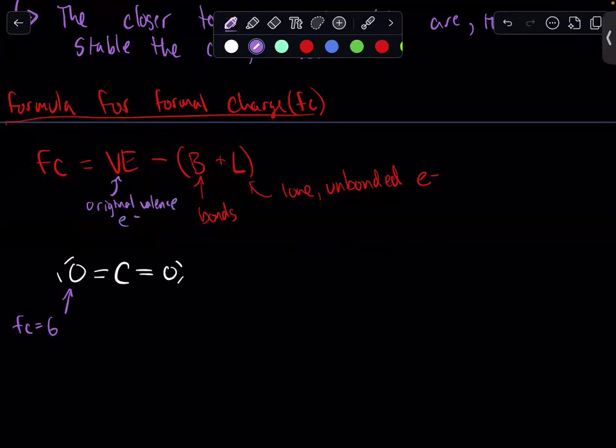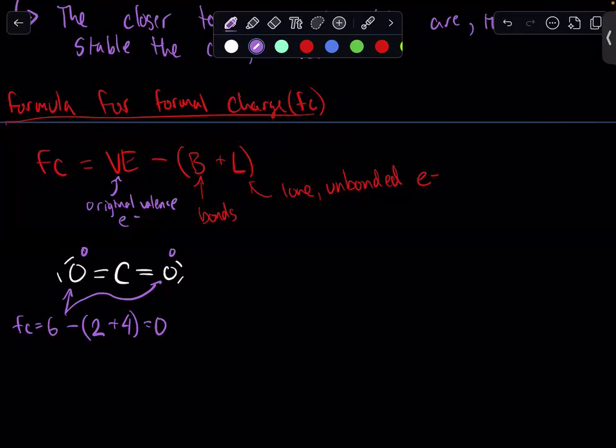So there are 6 valence electrons in a standard oxygen atom, minus the number of bonds. It has 2 bonds. A double bond is 2 bonds, plus the number of lone electrons. That's 2 and 4, a total of 4 lone electrons. So this has a formal charge of 0. This also applies to that oxygen right over there because, again, it's 2 bonds and 4 electrons. So these both have a charge of 0 and 0.